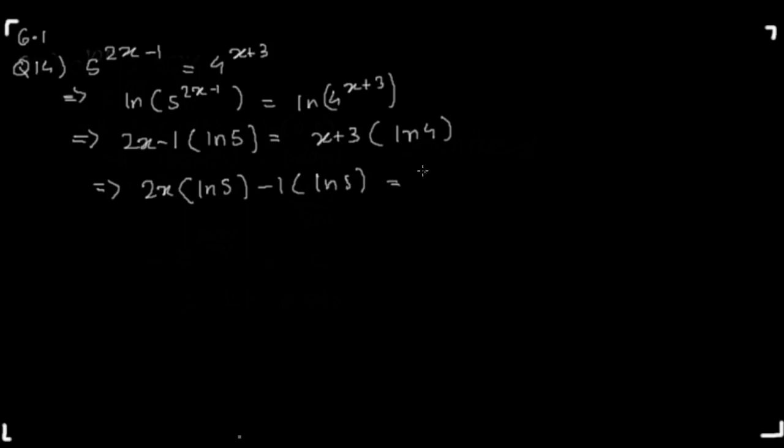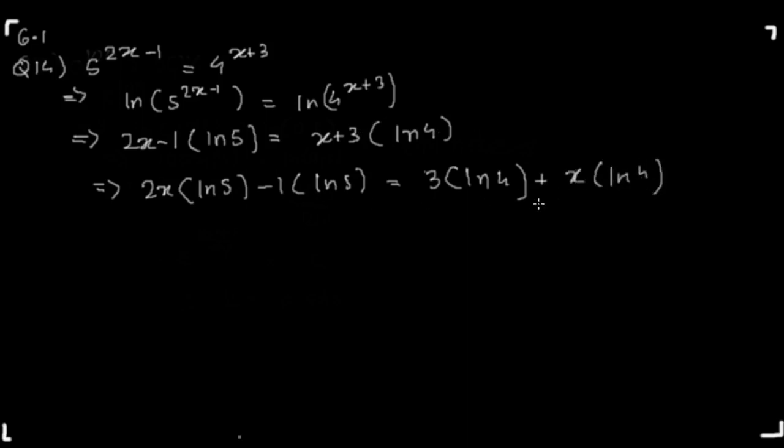If I miss any steps, that's where the bad things happen. I had a little brain fart with my notes there, but it's pretty simple. I just skipped the step in the notes. So this is going to be 3 ln4 and then plus x ln4.